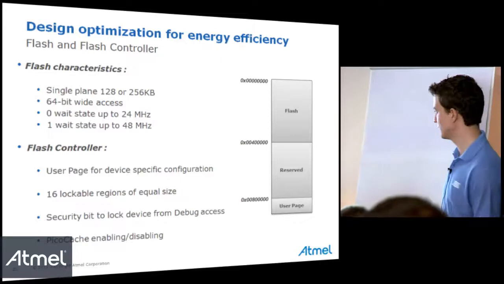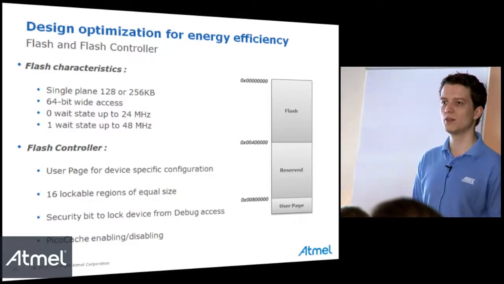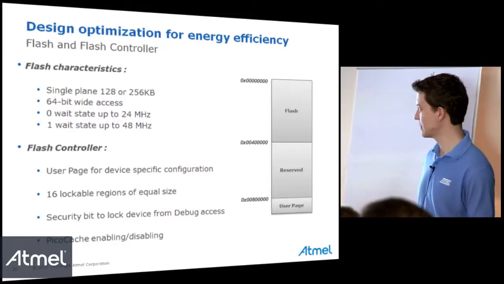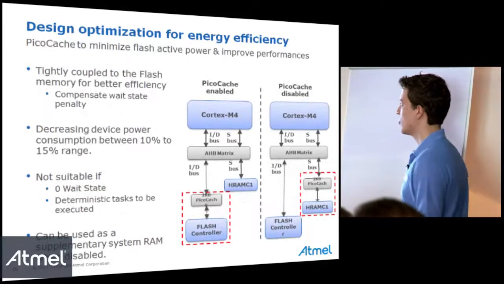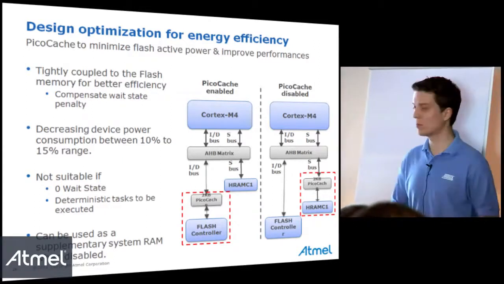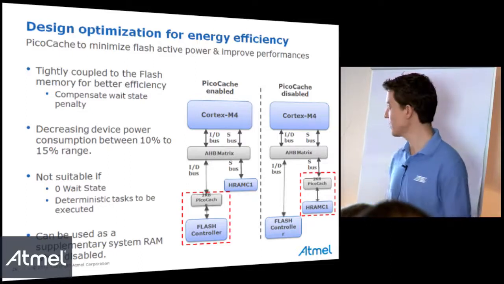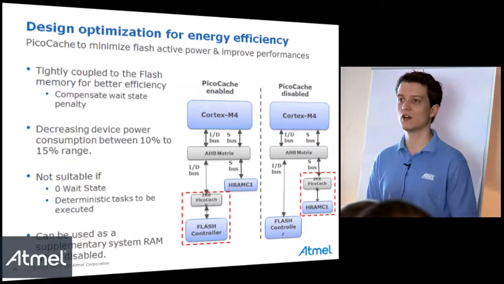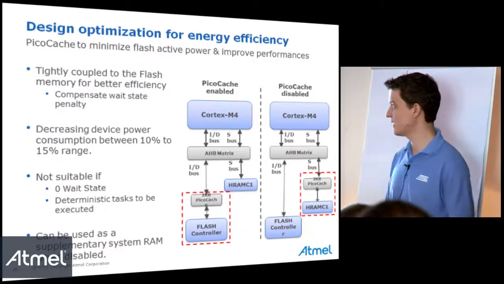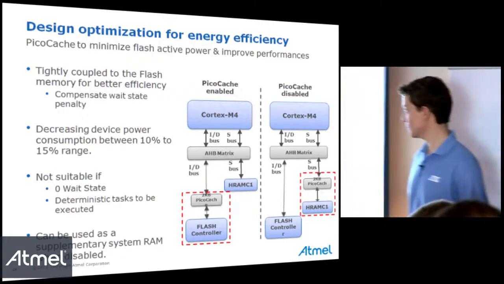So the next thing that the flash controller can do is enable or disable the Pico cache. Pico cache is what we call the tightly coupled memory, which is really close to the flash system. Its main feature is to compensate the wait state penalty that you have above 24 megahertz.